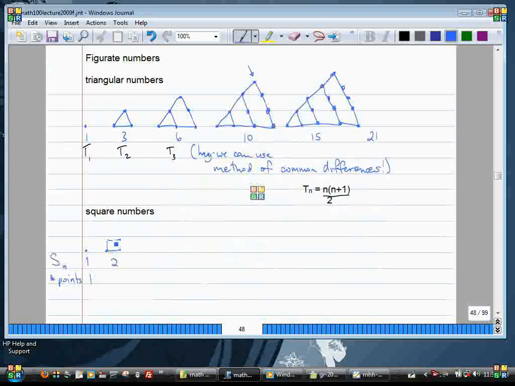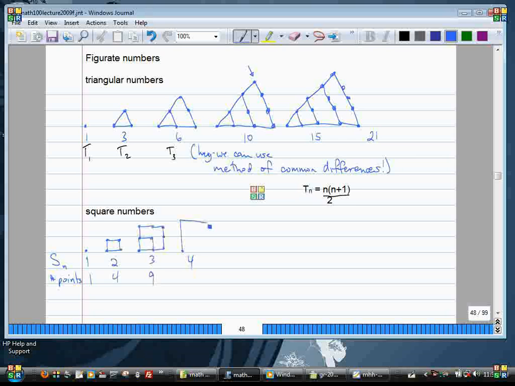So that's the second one. And how many dots does that have? 4. What does the next one look like? We're going to add another layer. So this is the third square. How many points are there? Then for the fourth one, yeah.